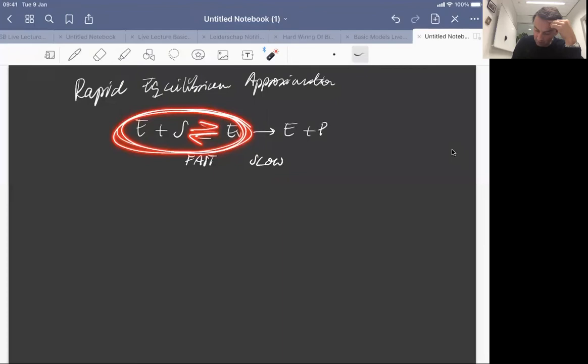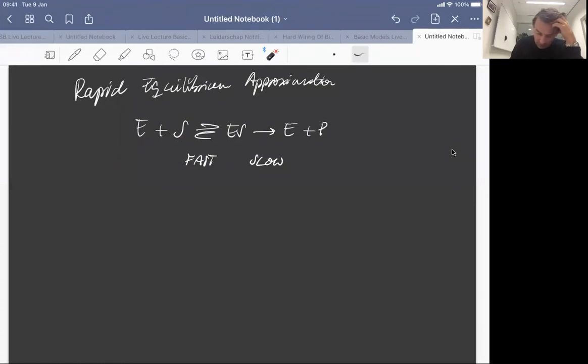This is so extremely fast that this reaction occurs almost independently of this reaction. So whenever there is a conversion of ES to E plus P, even though this leads to a loss of ES, the concentration of ES hardly changes because there is an immediate synthesis of ES from this side.